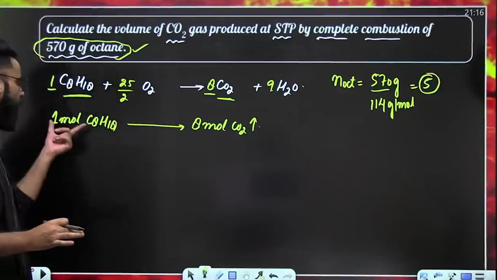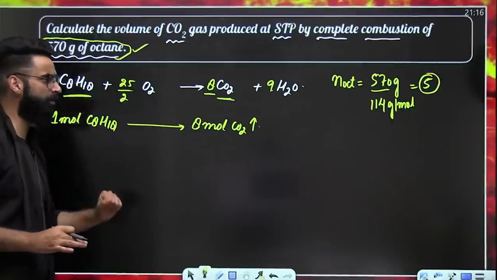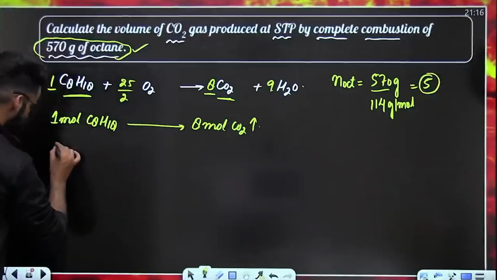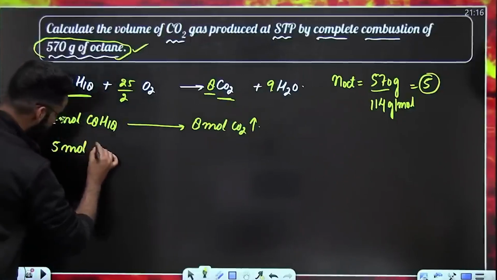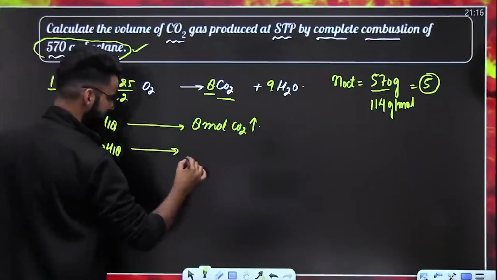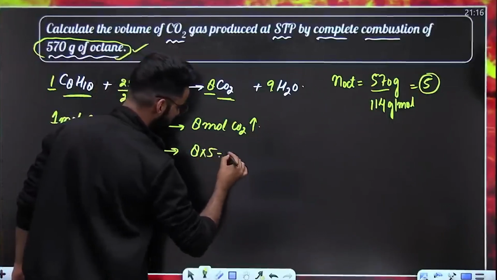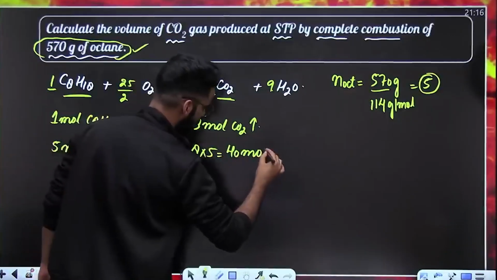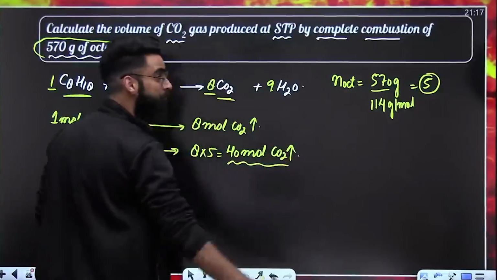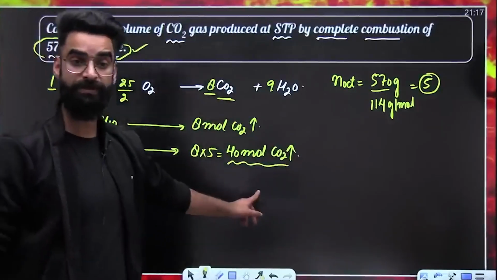But as per the question, do we have to do the combustion of 1 mole of octane, or of 5 moles of octane? So 5 moles of octane upon combustion produces 8 multiplied by 5, that means 40 moles of carbon dioxide. So in total 40 moles of carbon dioxide are being produced.